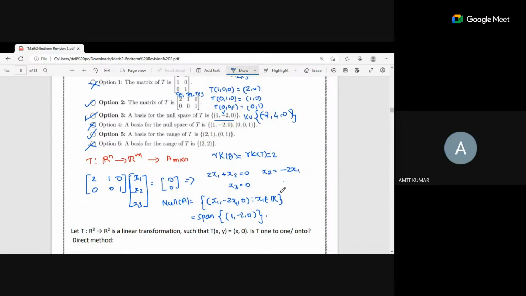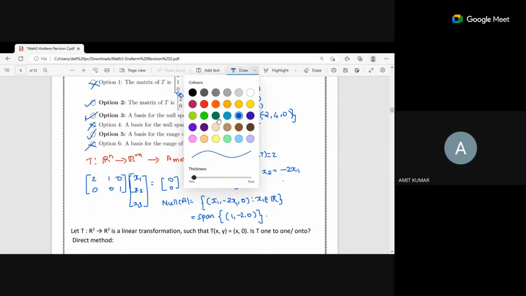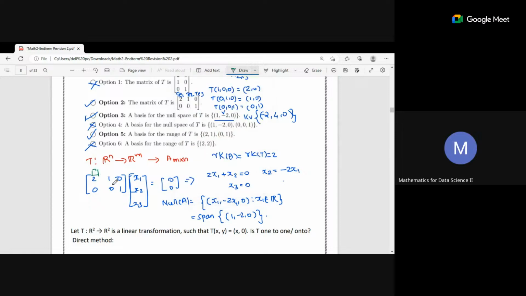Yes, ma'am. But from the matrix, our pivot is the element of row one. That is dependent x1 from A. Here your x2 is dependent on x1. X2 is the dependent variable here, right? No, ma'am. If we convert it into row reduced form, you will have a pivot element here and a pivot element in the third column, right?